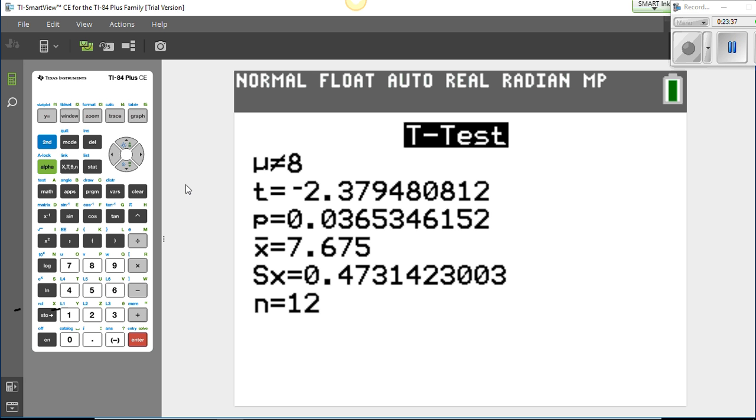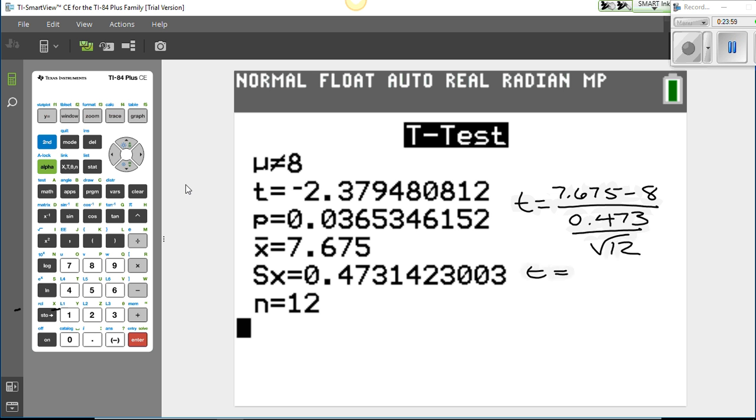So after you have that formula set up, it's going to be t equals, what is it, 7.675 minus 8 over 0.473 divided by the square root of 12, excuse me. T is going to be equal to, what, negative 2.379.